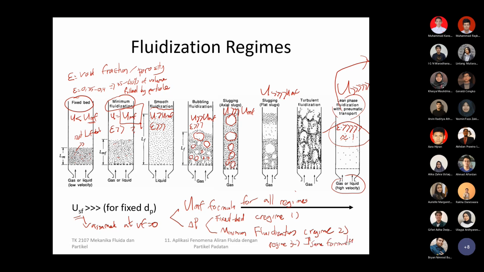Same approach. You will get the same results in terms of the delta P in regime 3 to regime 7 as the delta P found in regime 2. So it looks like a lot of variation, but actually not.